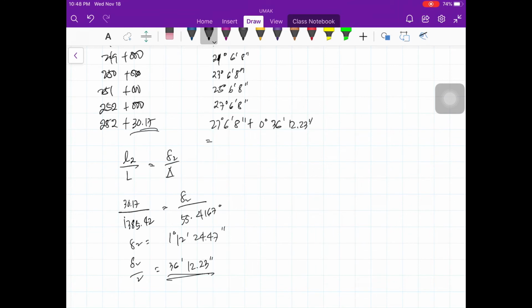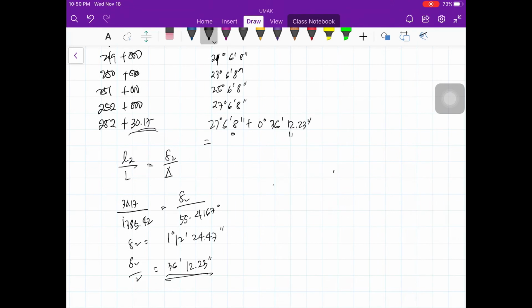So this will be 27 degrees 6 plus 36, 42. Adding that must be 27 degrees 42 minutes and should be 30.23 seconds.